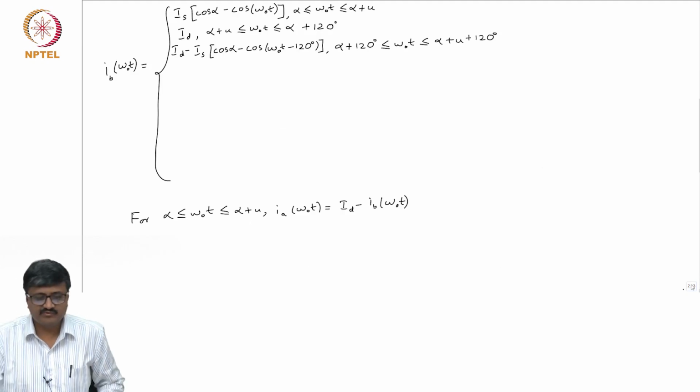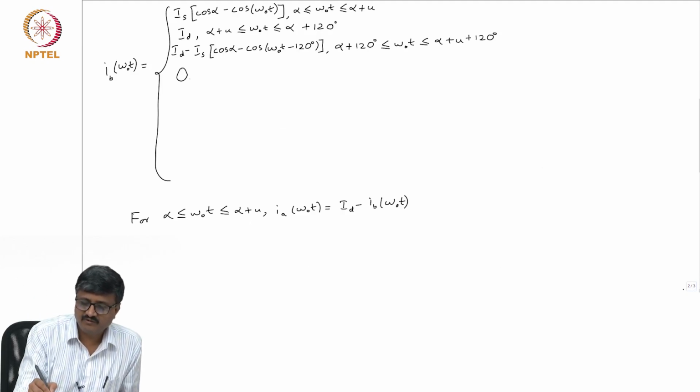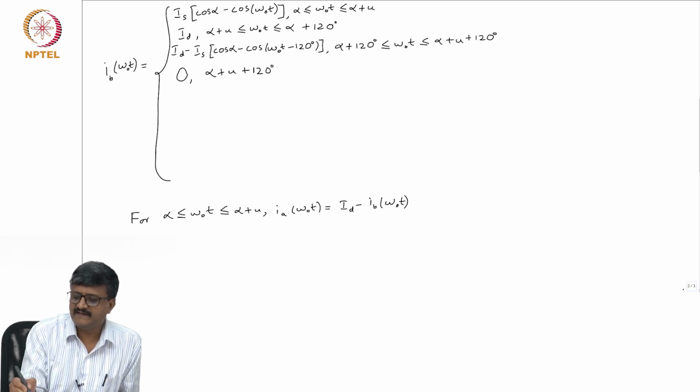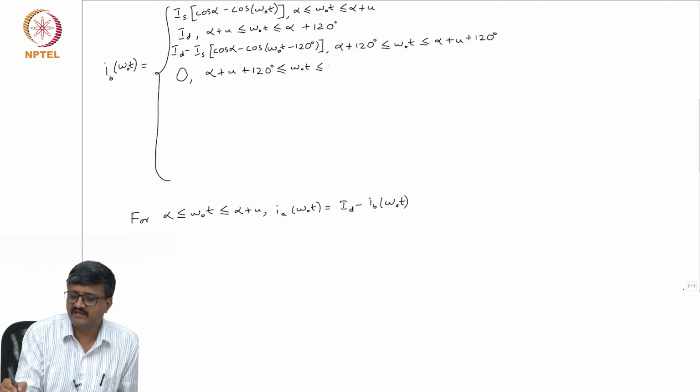So, it is equal to 0 for alpha plus u plus 120 less than or equal to omega OT less than or equal to alpha plus 180.